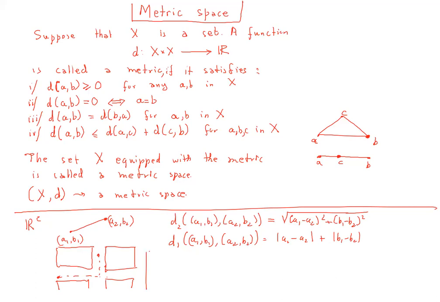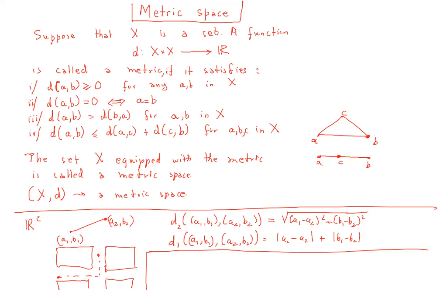And it would be a good idea to finish with one metric that seems rather trivial, but it's occasionally interesting, and it can be defined on any set. It's called the discrete metric, or to be more precise, a discrete metric, because there's more than one way to define a discrete metric.